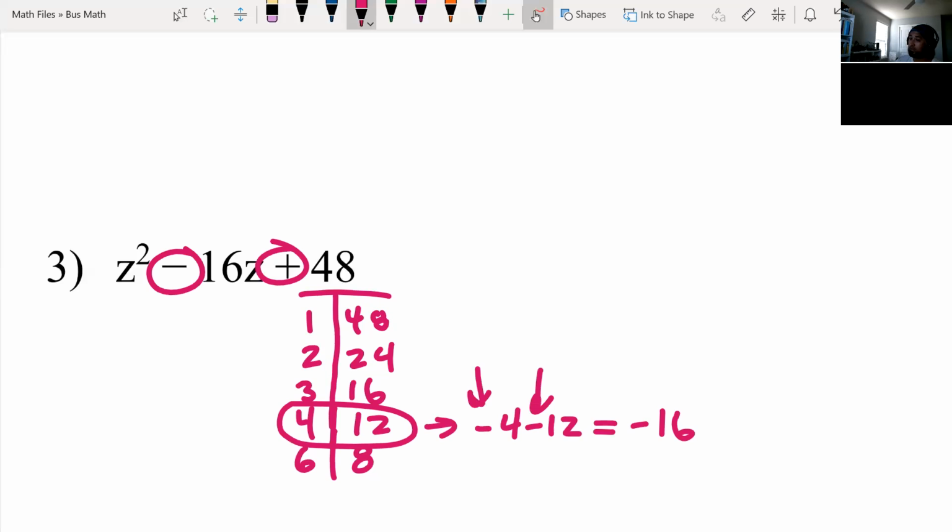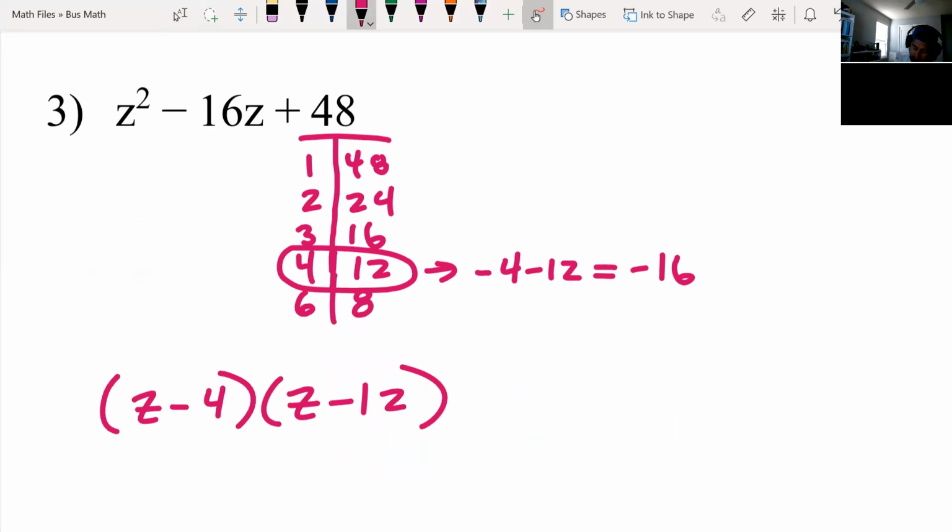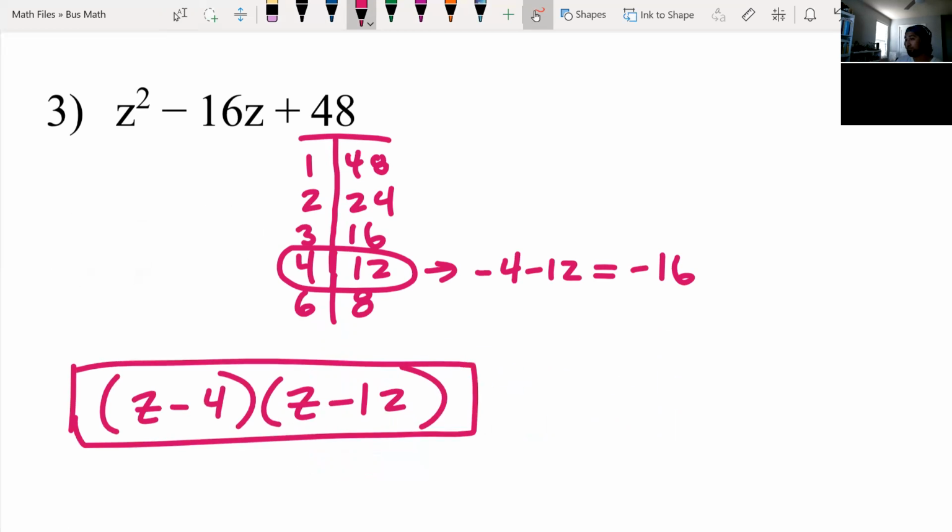Look at that, minus minus. So when I set this up, you'll have z minus 4 and z minus 12, and that's it.